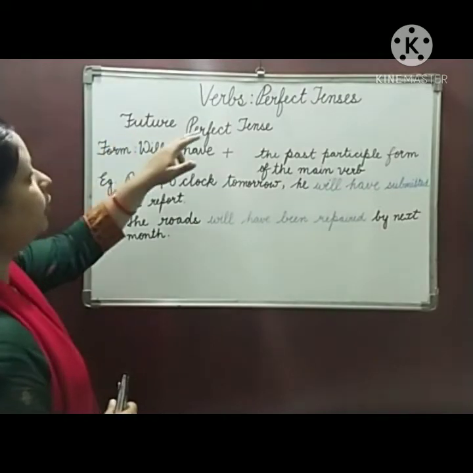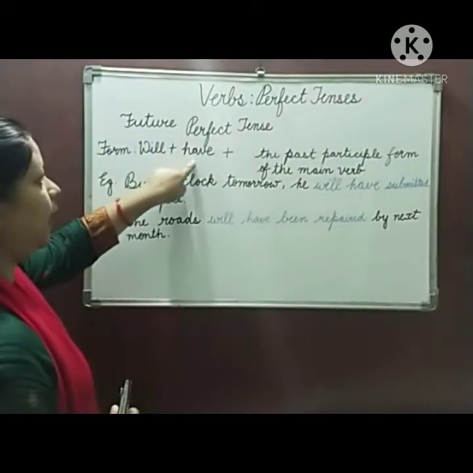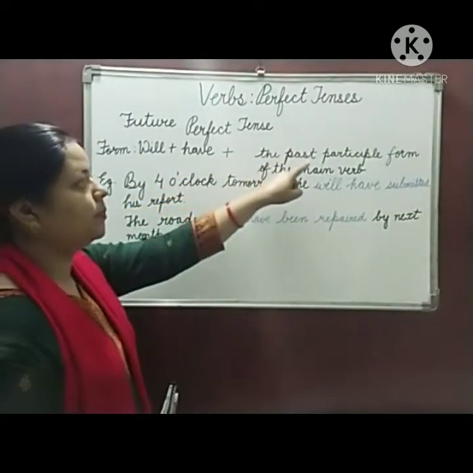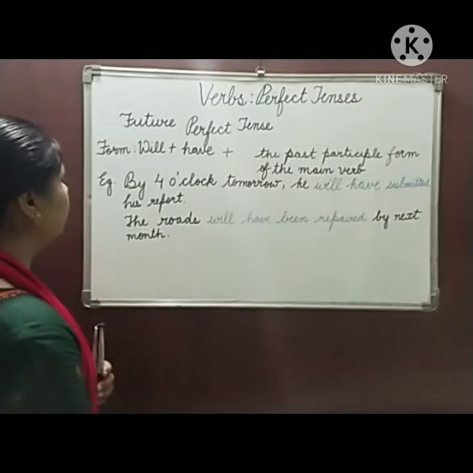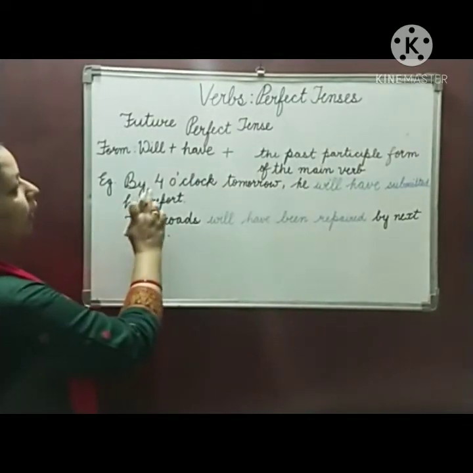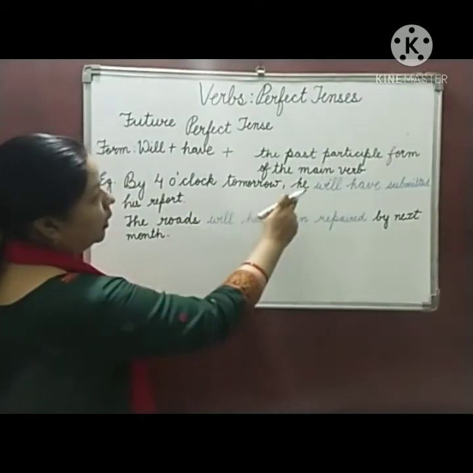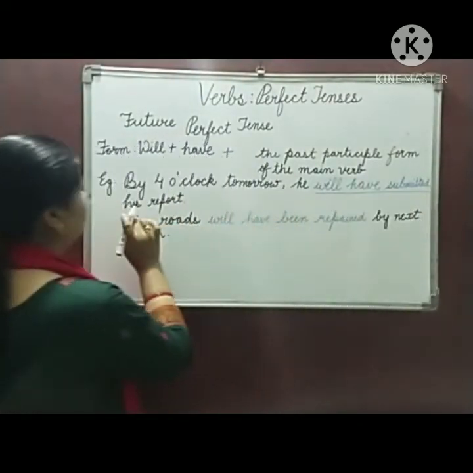The future perfect tense is formed with the help of will plus have plus the past participle form of the main verb. How? Let us see two examples to make it clear. By 4 o'clock tomorrow, he will have submitted his report.